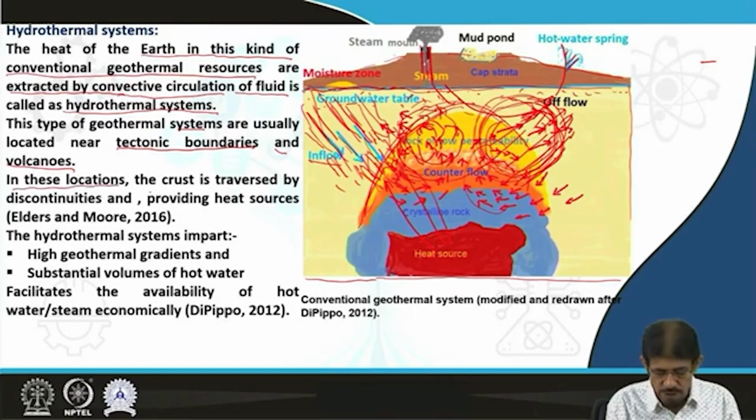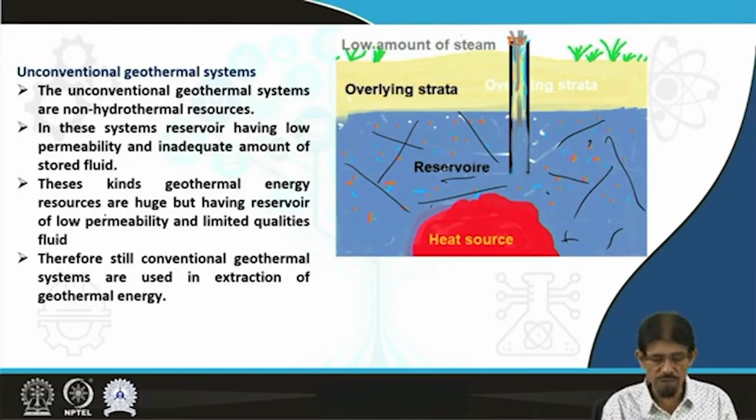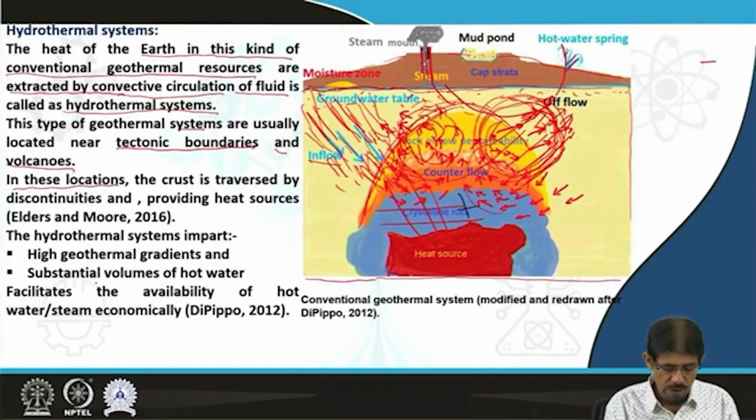In these locations, the crust is traversed by a number and variety of discontinuities that are responsible for improved permeability of the system, and by a heat source.